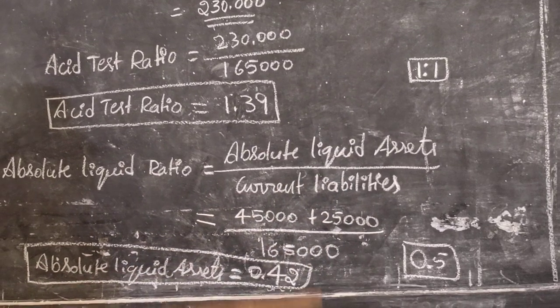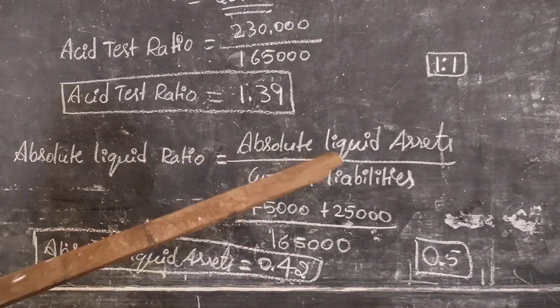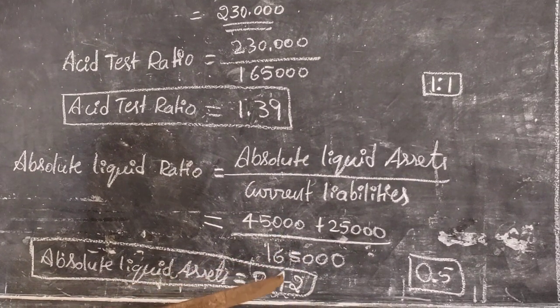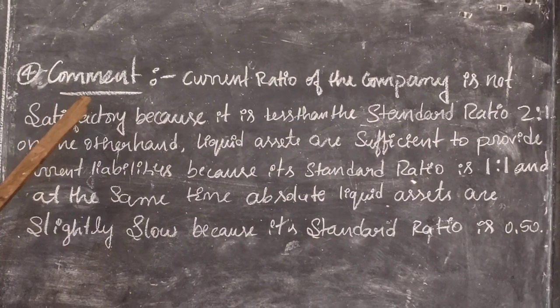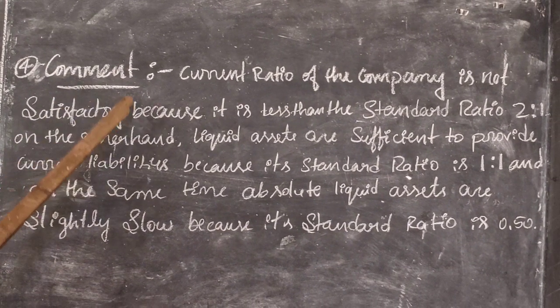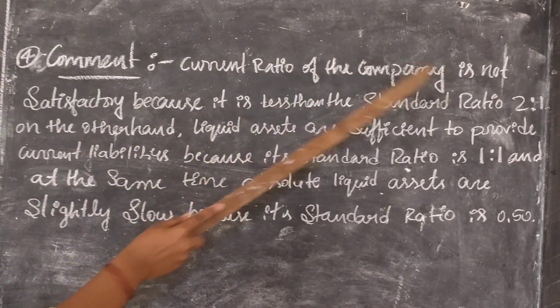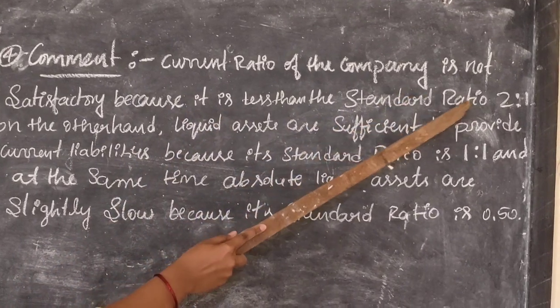From these standard ratios only we can comment on the above calculations. Okay, here the fourth one, comment about the calculations: the current ratio of the company is not satisfactory because it is less than the standard ratio 2:1.